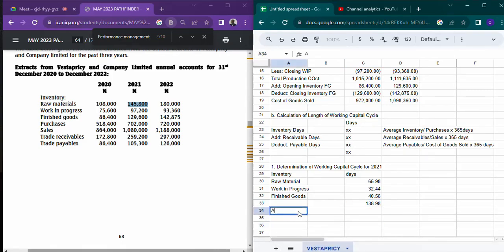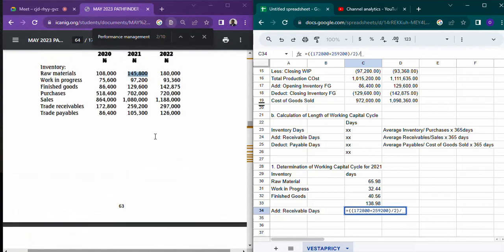Then add receivable days, right? Average receivables is how much? 172,800 plus 259,200, divided by 2. And what is the credit sales?